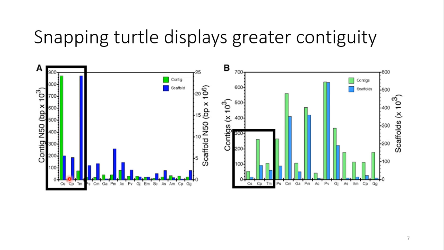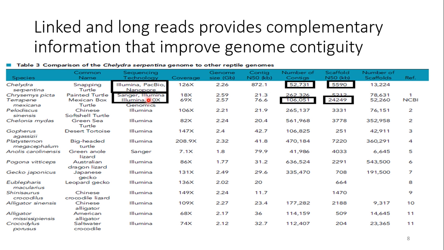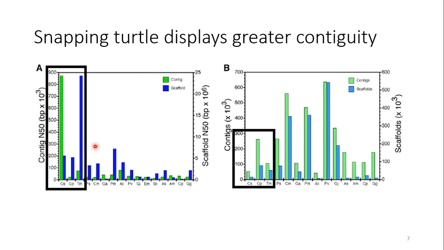The only exception was the Mexican box turtle, which used Illumina 10x sequencing technology and provides linked reads to produce a 4.3 fold longer scaffold N50. Yet the scaffold N50 was 11.4 fold longer than the box turtle contig N50.